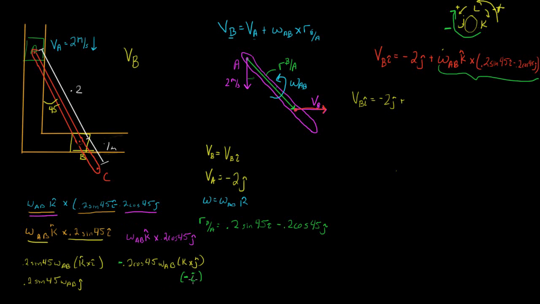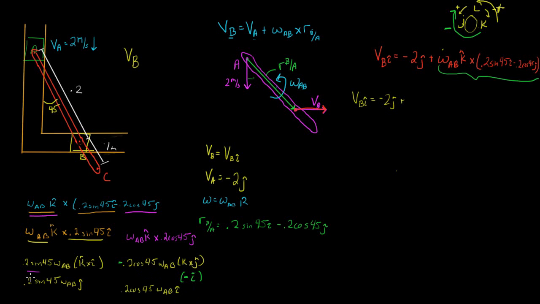So this negative I is going to cancel out with this negative 0.2, and what we're left with is a positive 0.2 times the cosine of 45 omega AB with an I component.